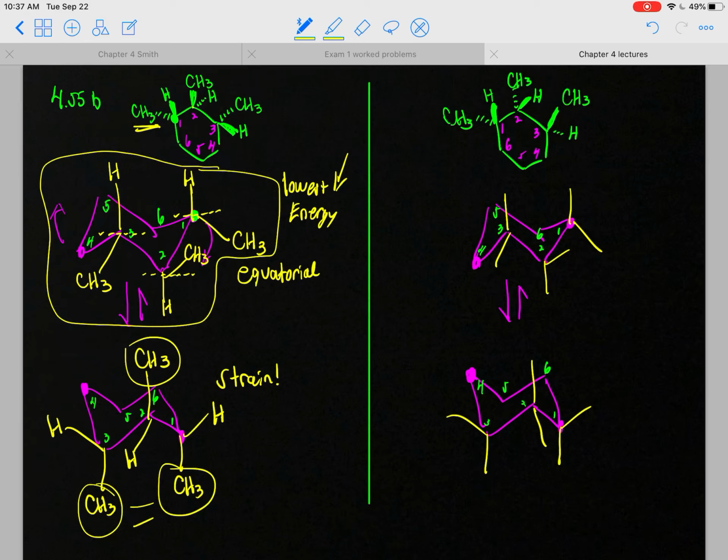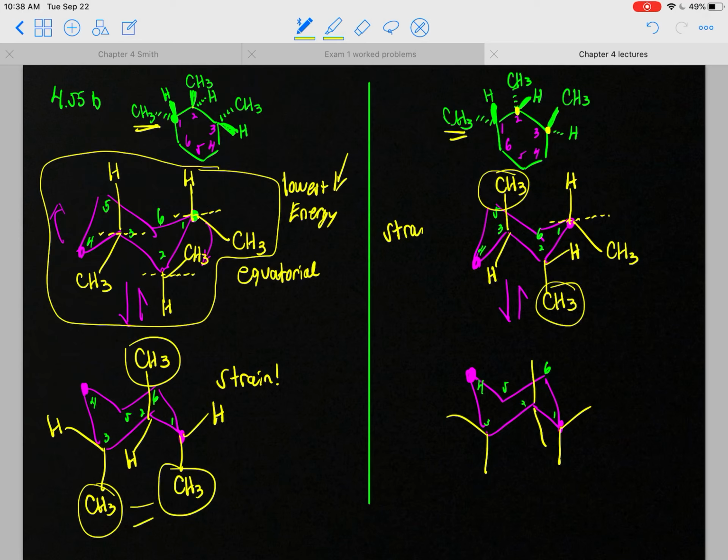Carbon 1 has a methyl group pointing down. That's what the dash means. In our chair, we don't draw wedges and dashes, we draw lines. This is the down position with respect to the hydrogen. Carbon 2, we have a methyl group down with respect to the hydrogen. Carbon 3, we have a hydrogen down with respect to a methyl group.